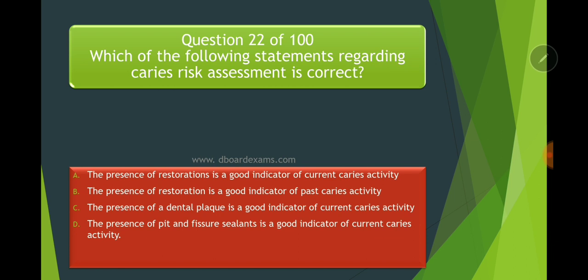C. The presence of dental plaque is a good indicator of current caries activity. No. D. The presence of pit and fissure sealants is a good indicator of current caries activity. No, you may have pit and fissure sealants, but you did not have any cavities. You're just protective. So our answer here is B, the presence of restorations is a good indicator of past caries activity.